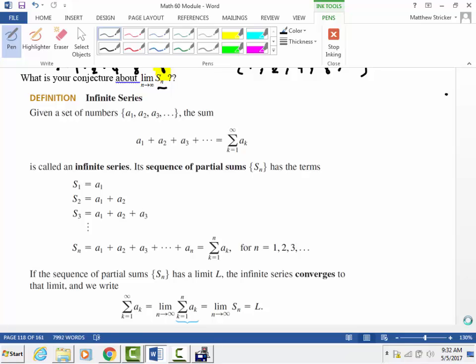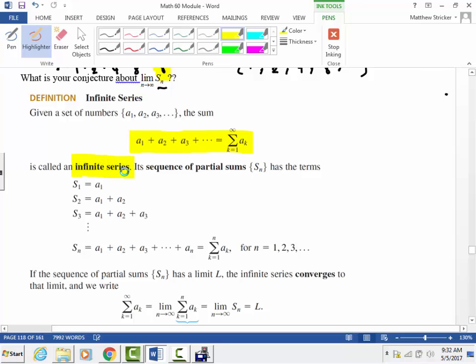The sum of all these numbers is called an infinite series. So if you add up all the terms in a sequence, that is called an infinite series.